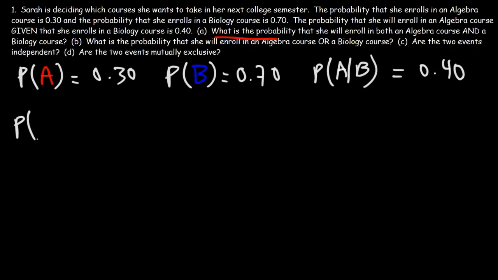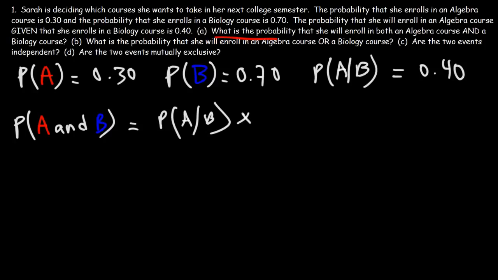So with this information, we can now focus on part A. We're looking for the probability that she will take both algebra and bio. So what's the formula for this? This is equal to the probability of A given B times the probability of event B occurring.